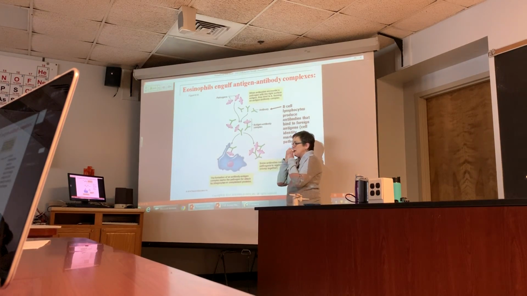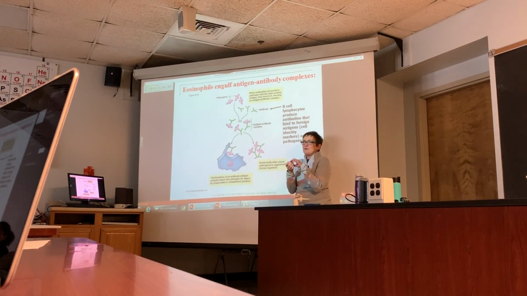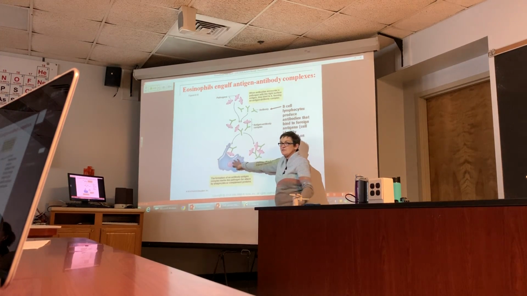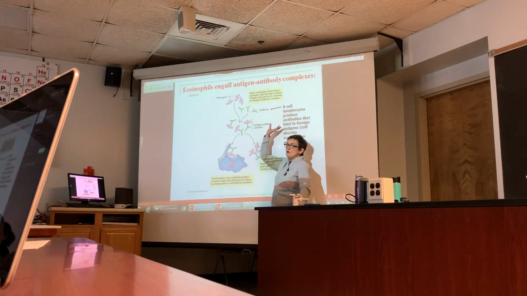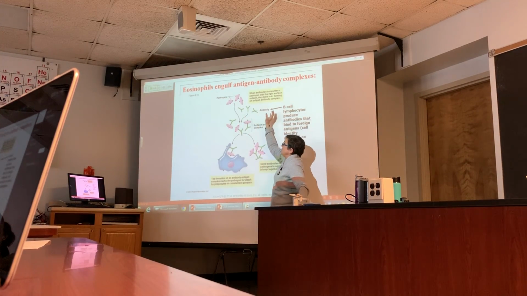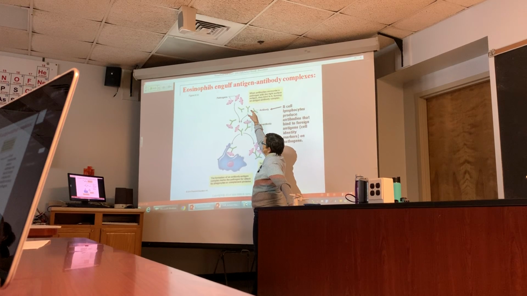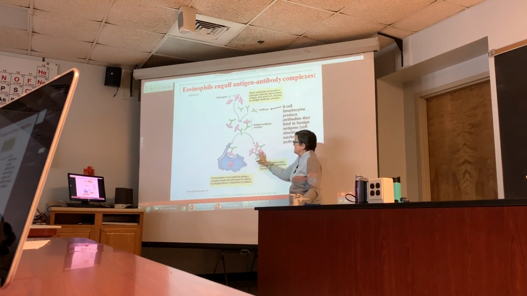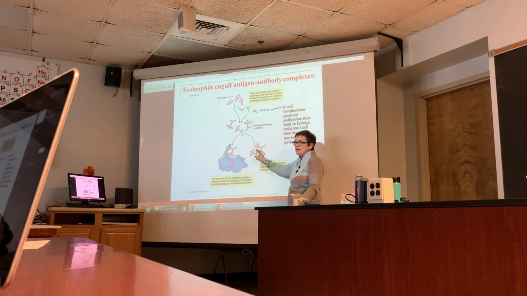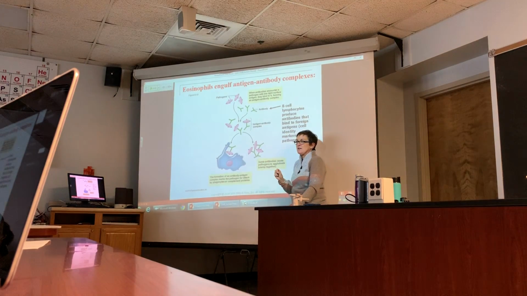In other words, a clump of bacteria or viruses or other types of cells that then can be engulfed by phagocytic white blood cells. And eosinophils play a role in this. They are involved in engulfing antigen-antibody complexes. So this is one way of fighting infections: your B cell lymphocytes produce antibody, the antibody binds to the antigen on that bacterial cell, creating an antigen-antibody clump in this complex, which then gets engulfed by phagocytes.